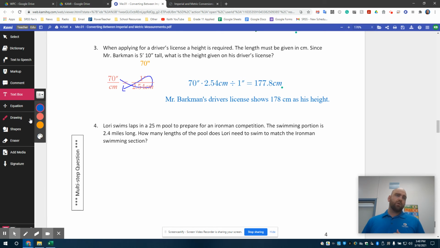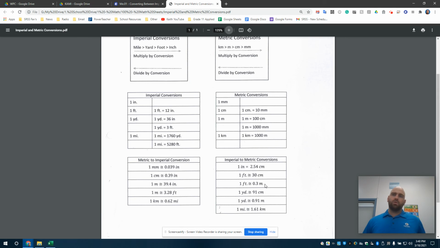So what we're going to do here, and I'm going to simplify it a little bit, because often we'd have to do two, because I don't give you a conversion from miles to meters. I do have from miles to kilometers, and we're going to actually use that one there. So 2.4 miles over meters. I'm going to want to change it into meters. And we are told that 1 mile is 1.61 kilometers, which is the same as 1,610 meters.